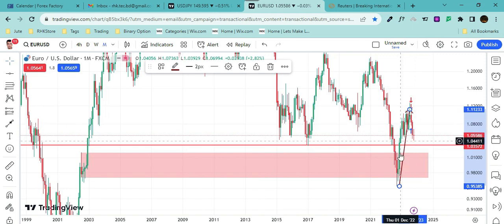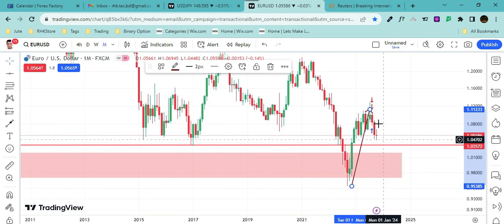Again it is coming down, so we are going to investigate why it is coming down for the last 3 months, including the coming 48 hours.